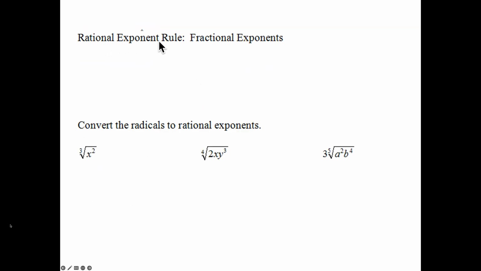Okay, now for our rational exponent rule. Radicals, nth root, m as my power, x to the m over n is equal to the nth root of x to the m. It is also equal to the nth root of x, all raised to the m power.